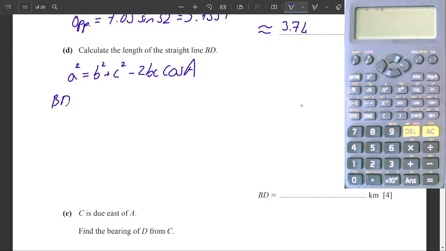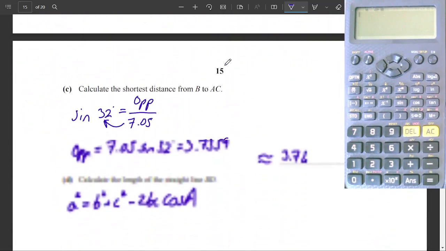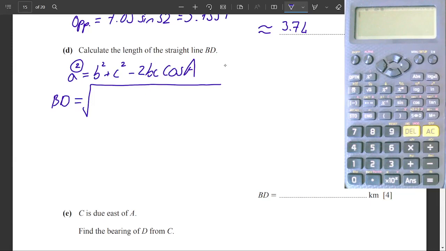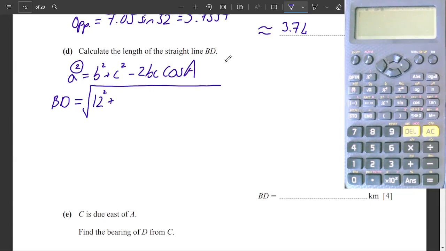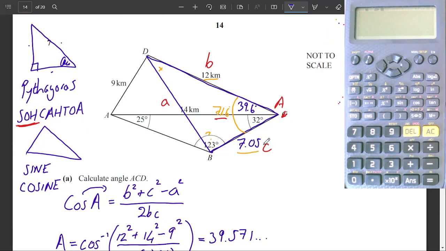Now again, to speed things up, that square there, I'm going to immediately move it to the other side. So we do that. Then B, remember we said B is 12 kilometers. So that will be 12 squared plus C. C is the other side. We made it 7.05.